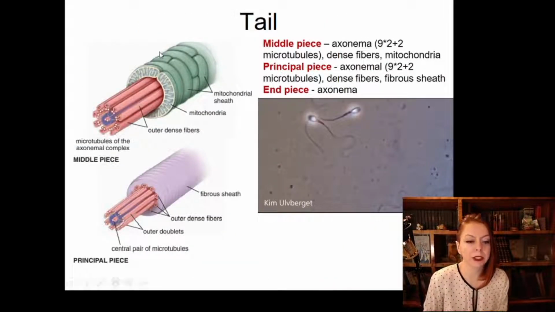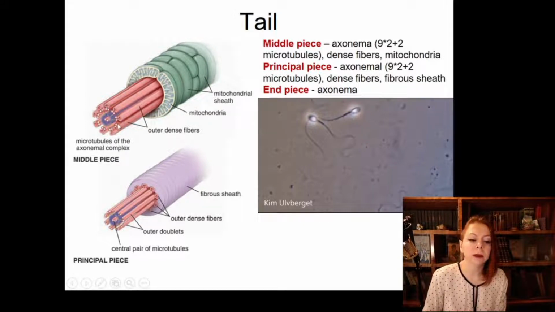Then let's investigate them in detail. The middle piece contains the so-called axonema. Axis is the axis, nema means a thread, so the axial thread is located in the center. It consists of 9 pairs of microtubules and a pair inside. We describe the structure of the axonema by the formula 9 times 2 plus 2, meaning 9 pairs in the perimeter and a pair in the center.